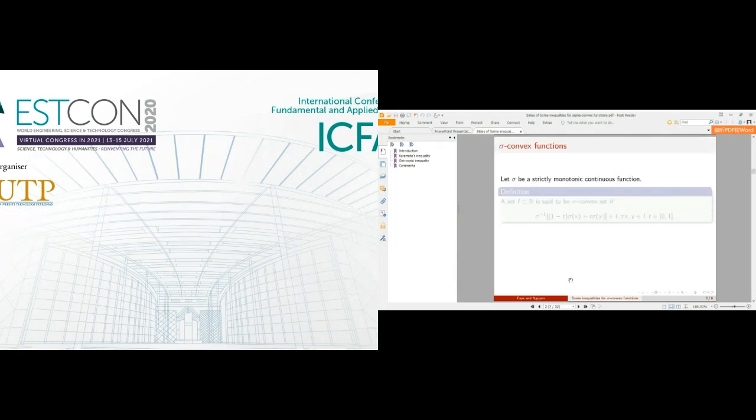Now we define the notion of sigma convex function. Let sigma be a strictly monotonic continuous function.